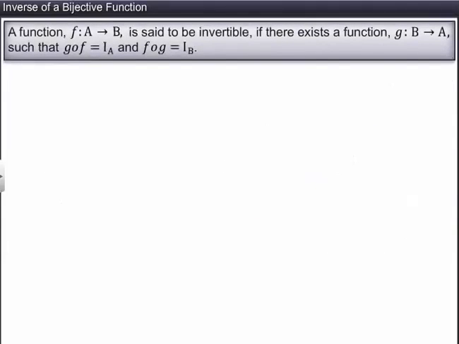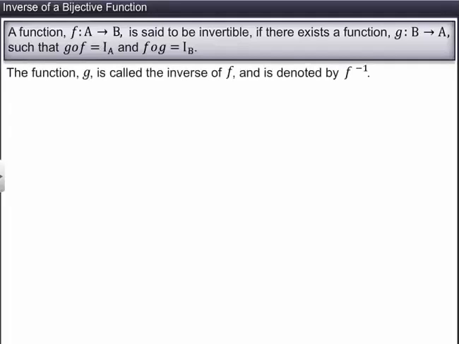Mathematically, a function f from A to B is said to be invertible if there exists a function g from B to A such that g circle f is an identity mapping on A and f circle g is an identity mapping on B. The function g is called the inverse of f and is denoted by f with superscript -1.